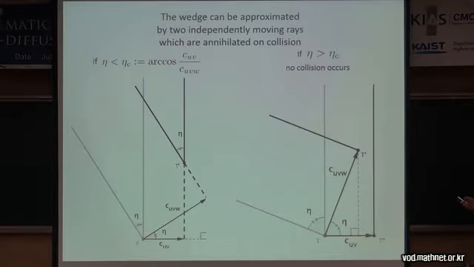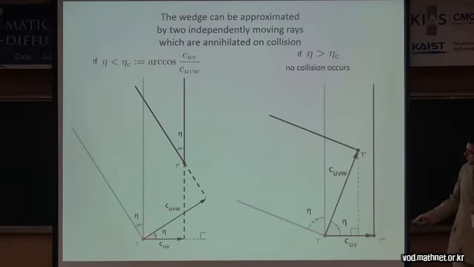To explain this phenomenon, we will think of the two sides of the wedge as approximated by two rays moving independently. This is the initial wedge position; this side moves independently with its speed, and the other side moves independently with its other speed. Where these two sides meet, they will annihilate, which is denoted by these dashed lines.